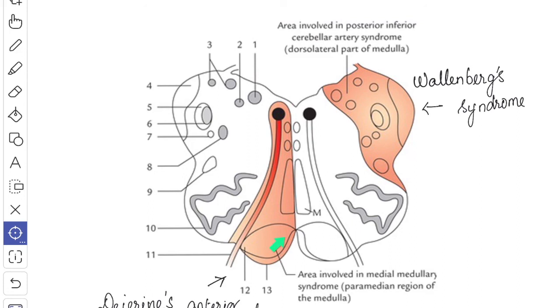Then you get the ipsilateral paralysis and the atrophy of the half of the tongue due to the damage of the hypoglossal nerve. Then you get the contralateral loss of position and the vibration sense due to the damage of the medial lemniscus.